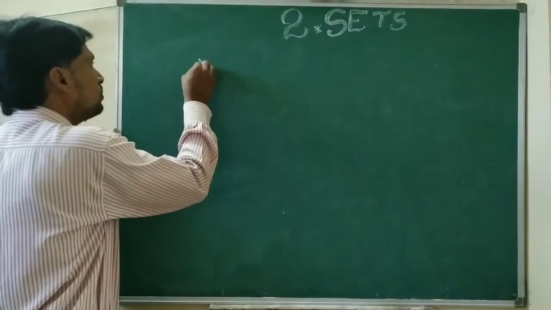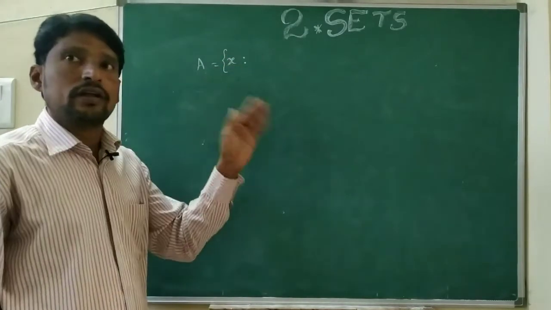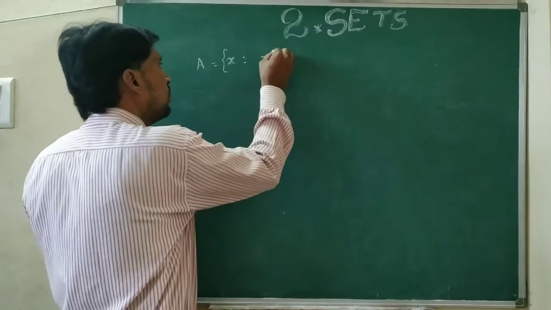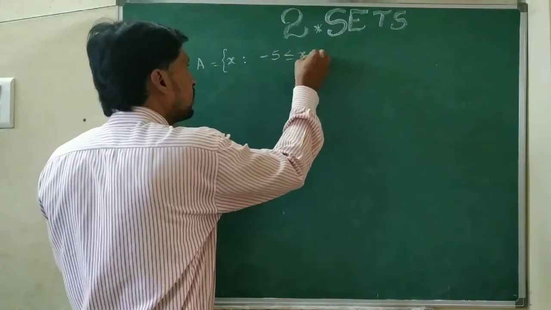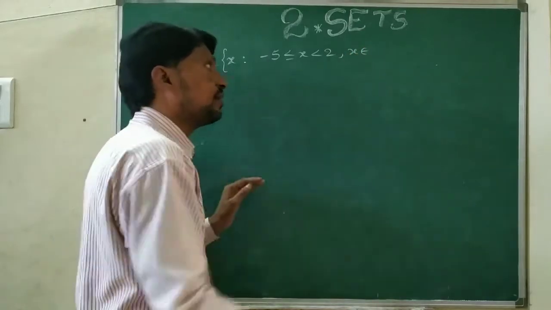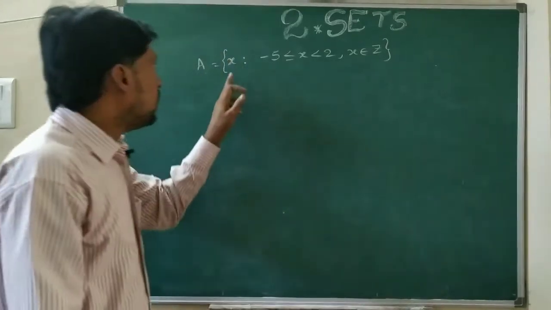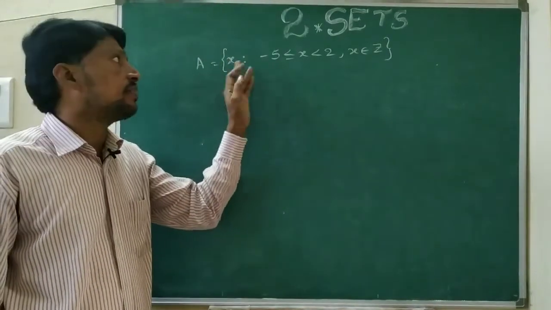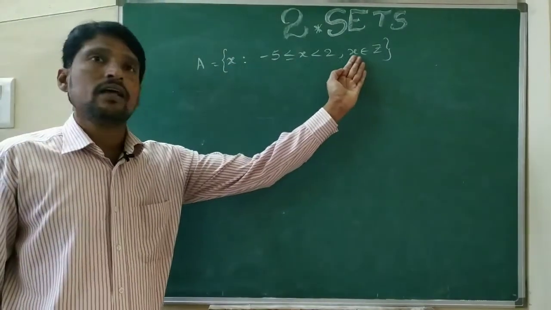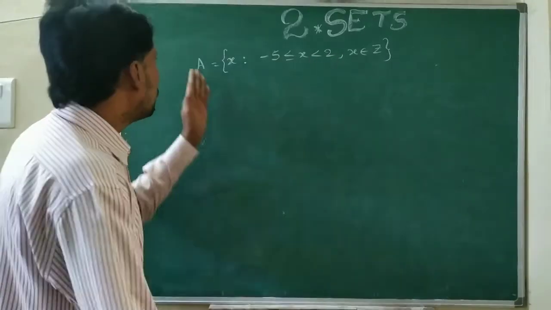So A equals x such that minus 5 less than or equal to x less than 2, comma, x belongs to Z. Here x we are taking as the elements of the set. This is the condition. This is the common property. So this is the set builder form.